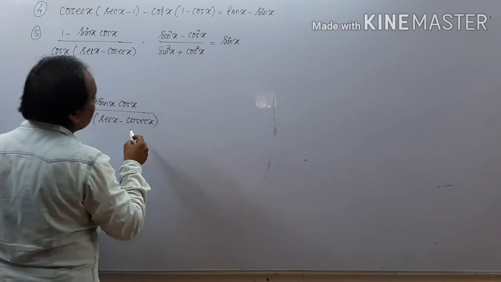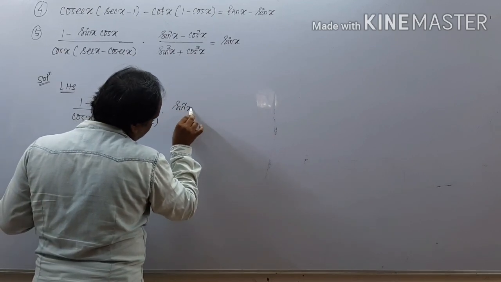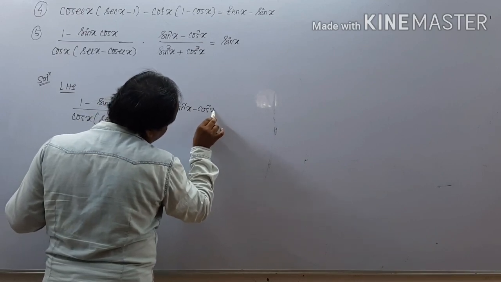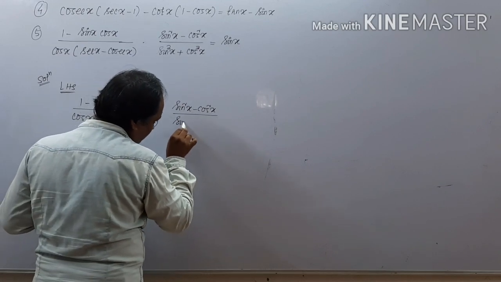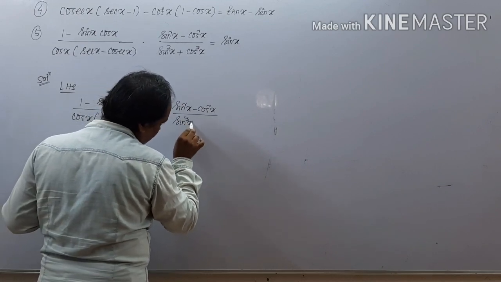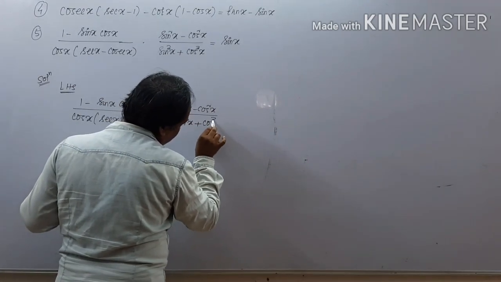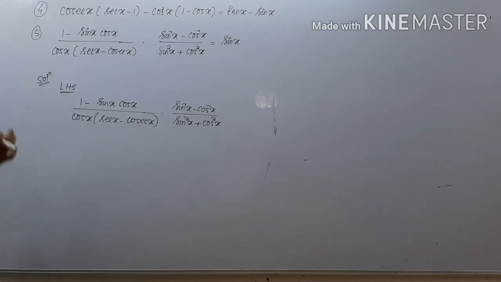This is again multiplied to sin square x minus cos square x divided by sin cube x plus cos cube x. See here, we have to show that this expression is equal to sin x.